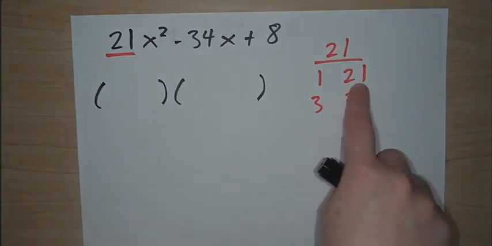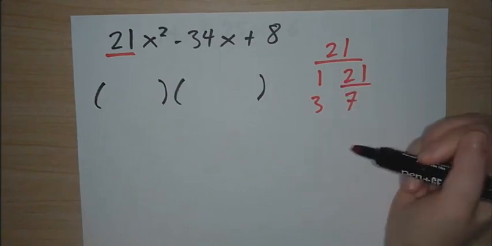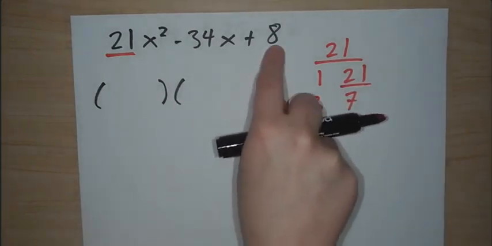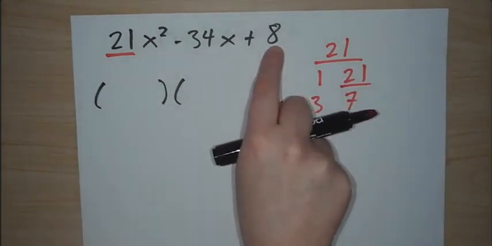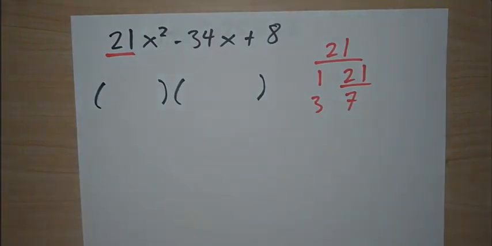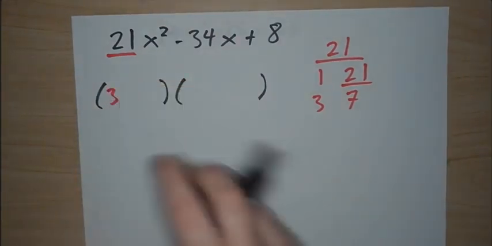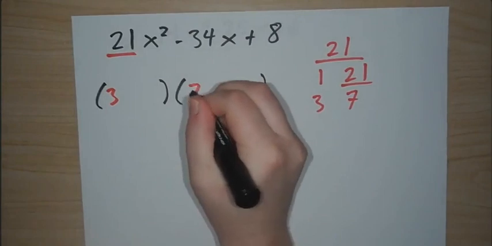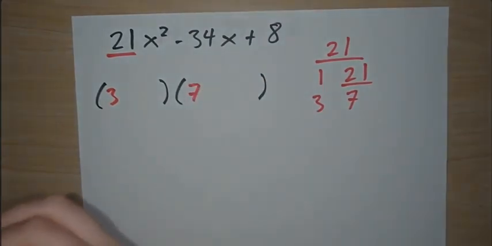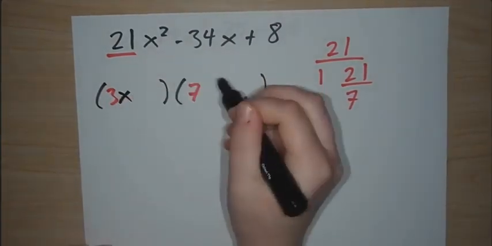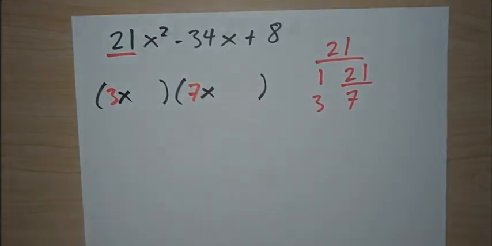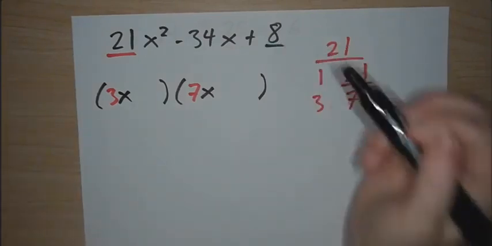However, I'm going to go out on a limb and say that this number right here, if we put it right here, will not give us an 8 in the long run. So we're going to do the pattern of 3x times 7x with their x's attached to them, of course. And now we can look at the 8 here.